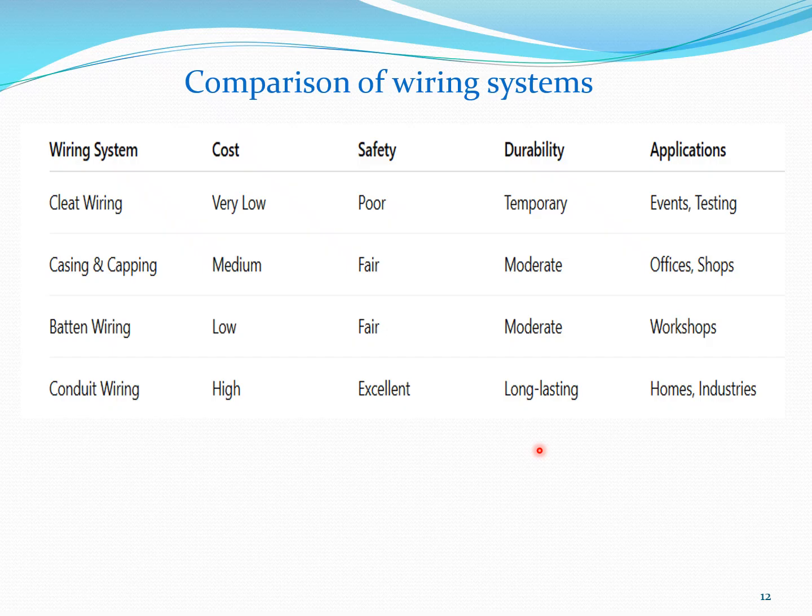If we compare the major applications, cleat wiring is mostly used at events and for testing purposes, whereas casing and capping wiring can be used in offices, shops, etc. Batten wiring is mostly used for workshops. Conduit wiring can be used for homes, industries, etc.